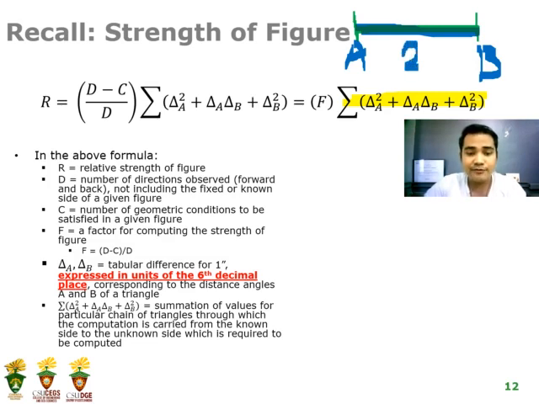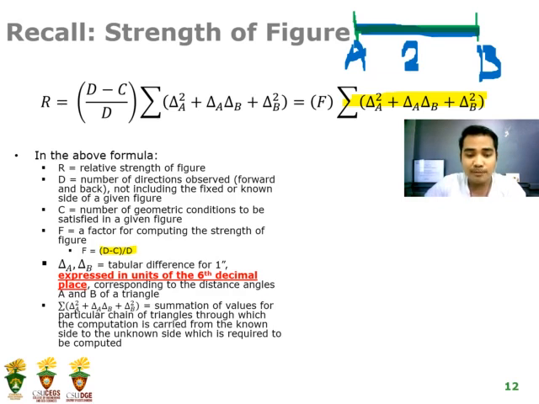And C is the number of geometric conditions to be satisfied in a given figure. And F is a factor for computing the strength of figure, which is equal to D minus C over D, where change in A and change in B are the tabular differences for 1 second.